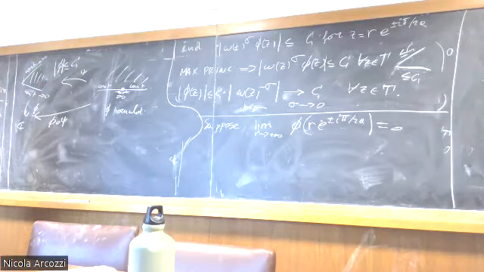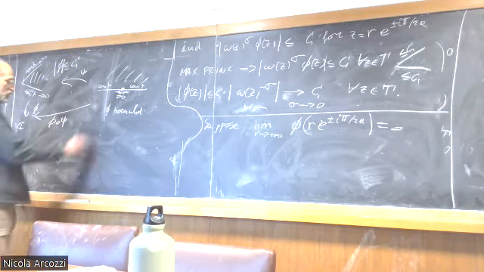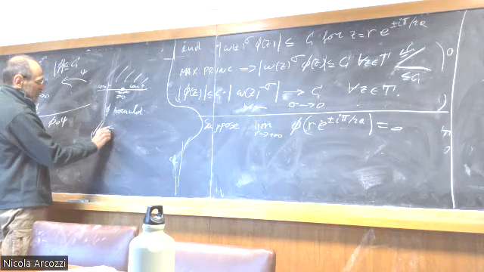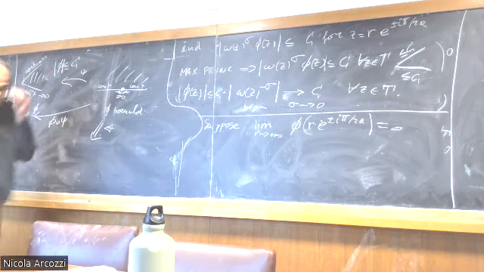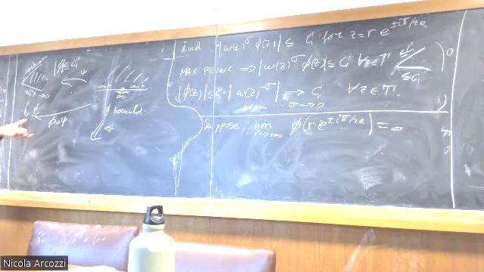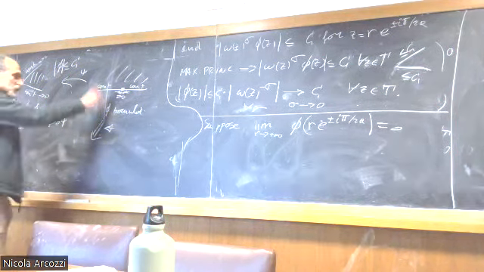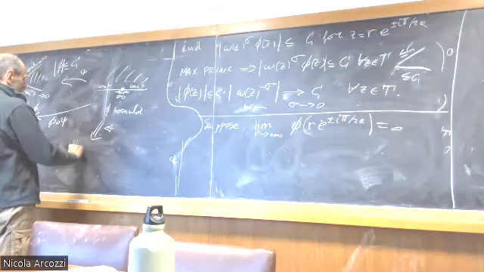Then using the usual argument, the argument that you use with the Poisson kernel to show that if you have a continuous function on the boundary that extends to a harmonic function which is continuous up to the boundary, you easily show that the limit.